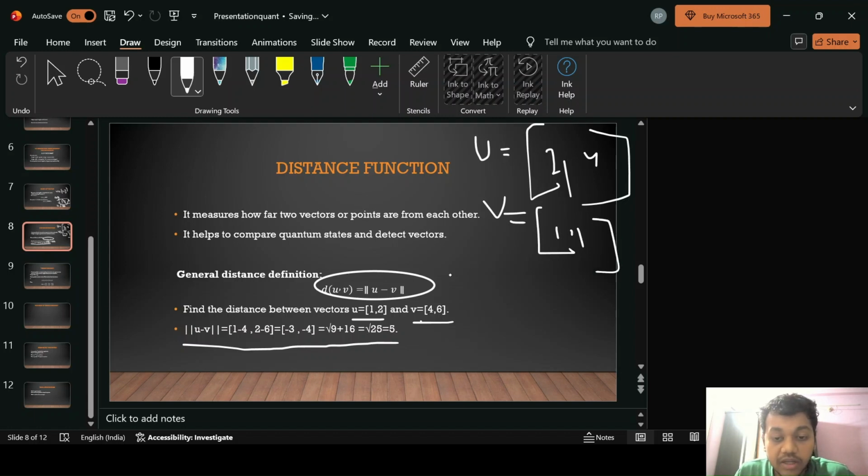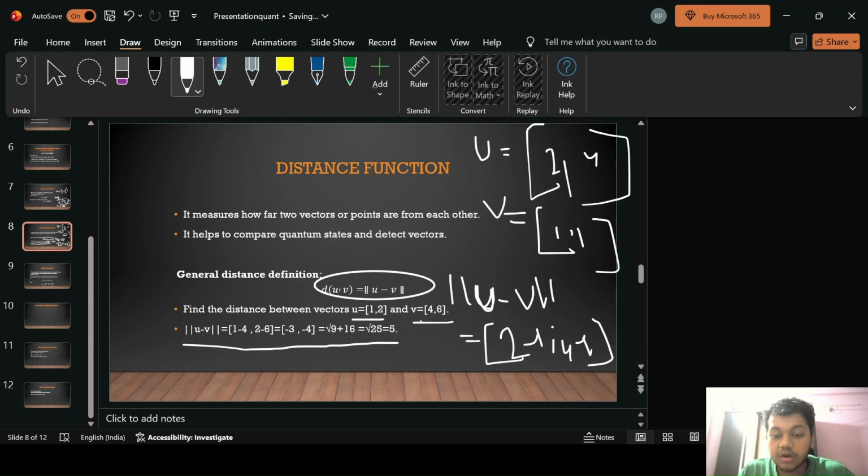So by putting the values in the formula, we will be getting u minus v, 2 minus 1 comma 4 minus 1.